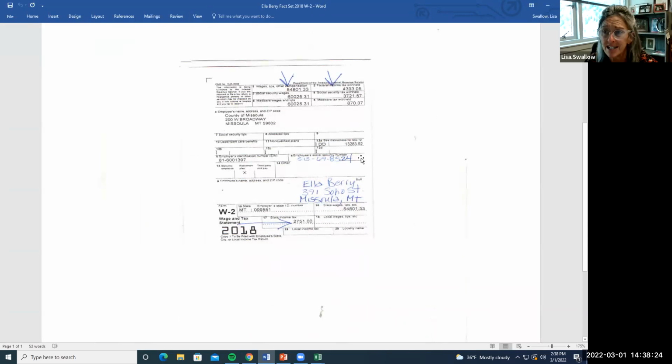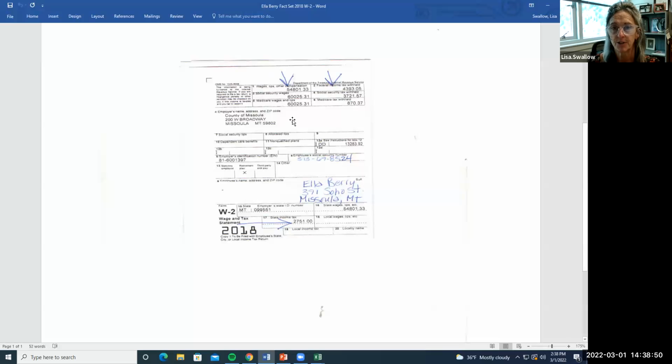So you guys have all seen these before, but it can still be kind of confusing. So box 1, and you might just jot these numbers down if you haven't printed them out because we need to put them into a tax return. So just for your own notes, box 1 is how much of your wages do you pay income tax on?